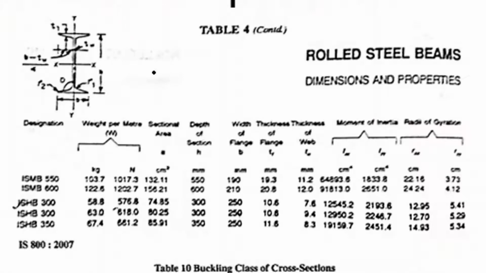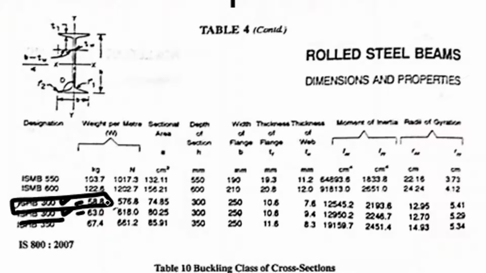Now here is the I section, rolled steel beams, and if you look at ISHB 300, there are two ISHB 300. So which one is the one given in our numerical? We need to refer to its weight. One is 58.8, another one is 63. So this is the I section given in our numerical.